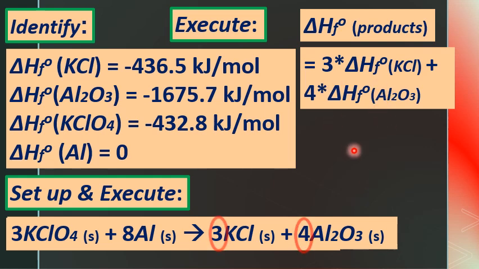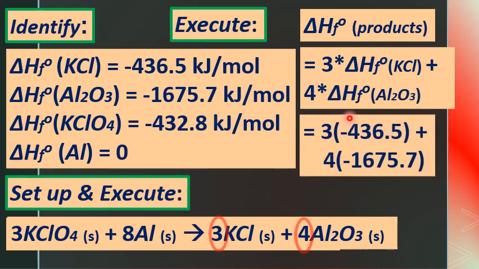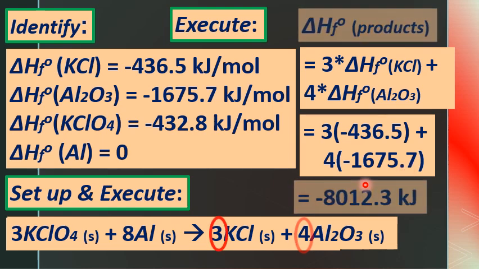So when we substitute, that is 3 multiplied by negative 436.5 kilojoules per mole plus 4 times negative 1675.7 kilojoules per mole. So doing our math, we will get the total standard delta HF of the products, equal to negative 8,012.3 kilojoules.